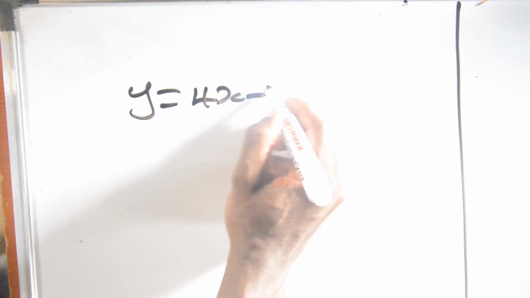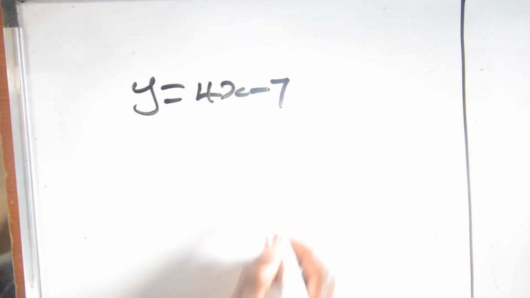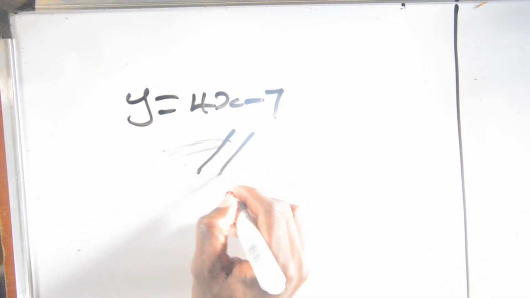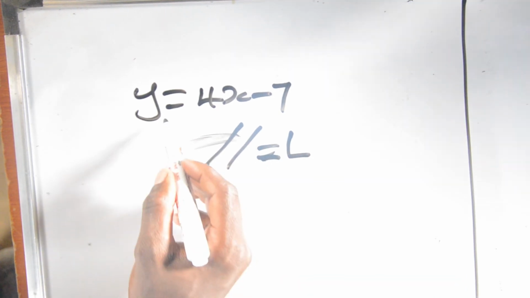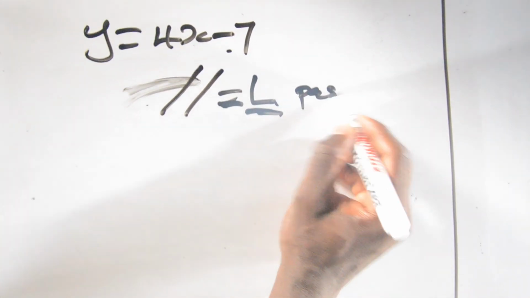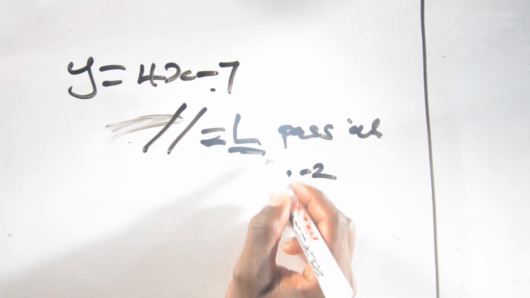So to continue, you've been given that the equation is y is equals to 4x minus 7, and we are told that this line is parallel to L. So it means that the gradient of this line is the same as the gradient of L. And L passes through the point (1, negative 2).